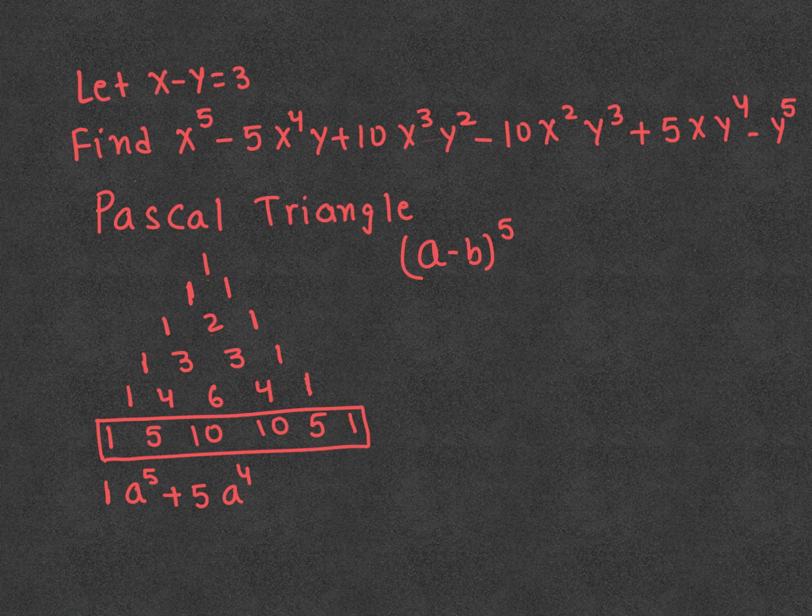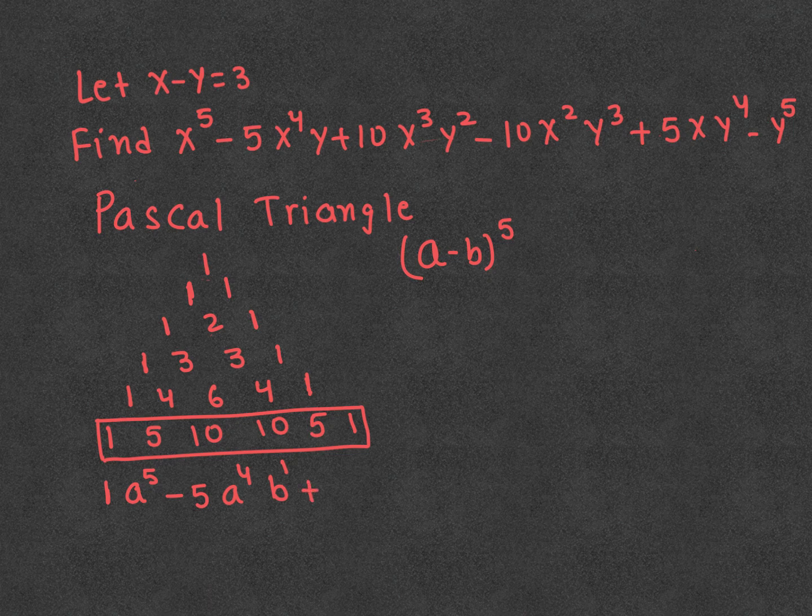So here you can treat that as b to the power 0, for example, and here you're going to increase to b to the power 1. Now since b is negative, you can see the sign is negative, so any time we have odd powers of b, we are going to treat it as negative.